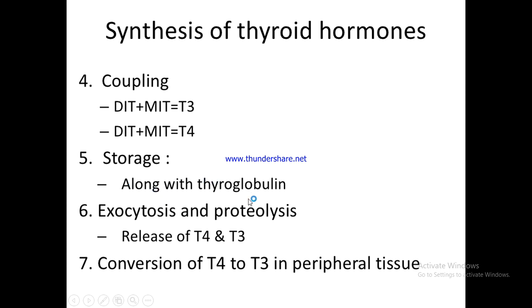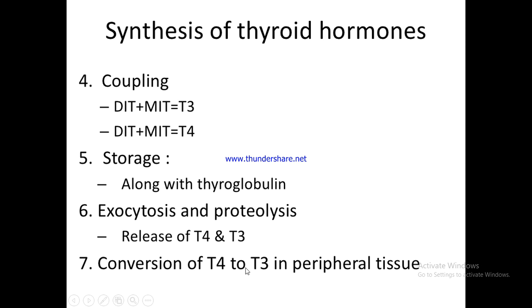Now this storage is along with thyroglobulin molecules, and exocytosis and proteolysis takes place by the lysosomal enzymes, and the release of T3 and T4 is there into the circulation. And in the circulation, the same enzyme, the deiodinase enzyme, deiodinates mono and diiodotyrosine free units and makes free the iodide ions.